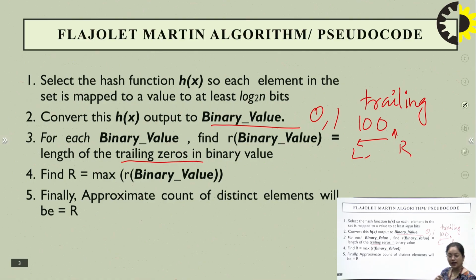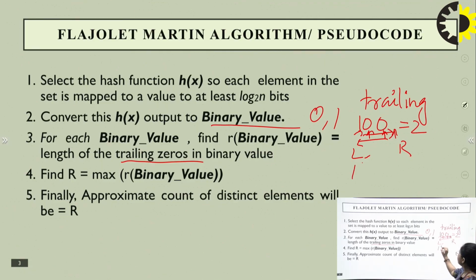Once we get 1, we stop, and the number of 0s we have counted is the number of trailing 0s. Here we see 0, 1, 2 and then there is a 1, so we stop. Here the number of trailing 0s is 2.